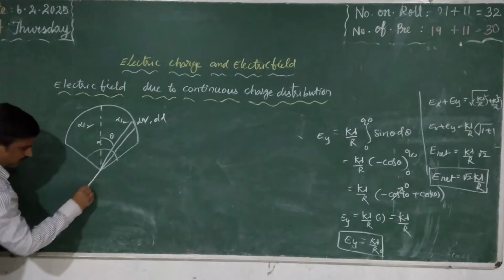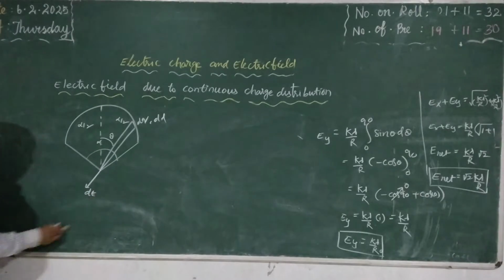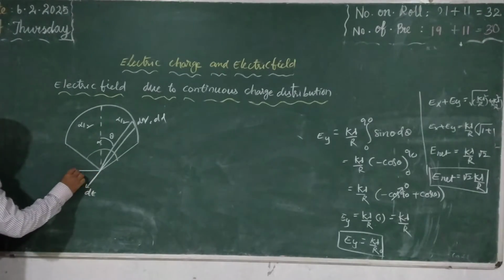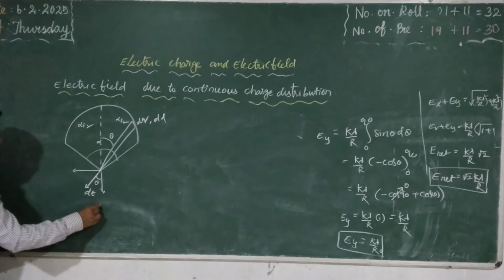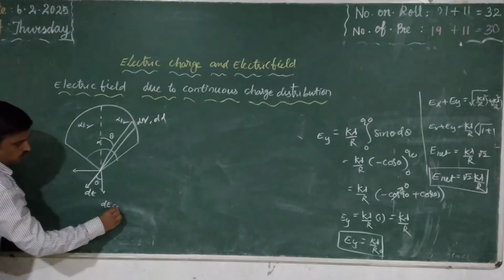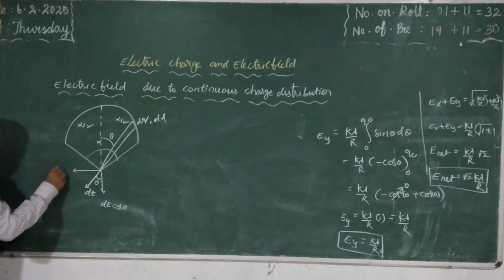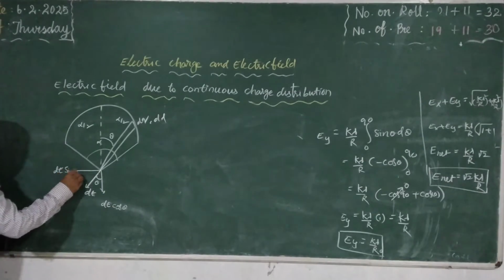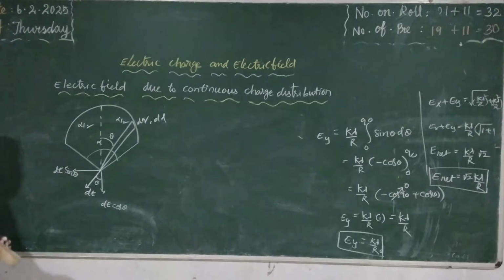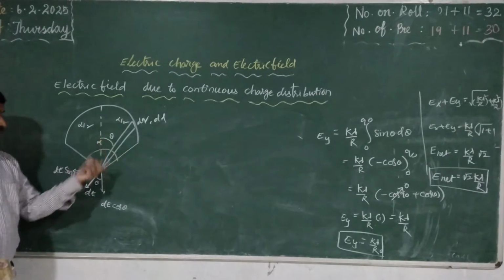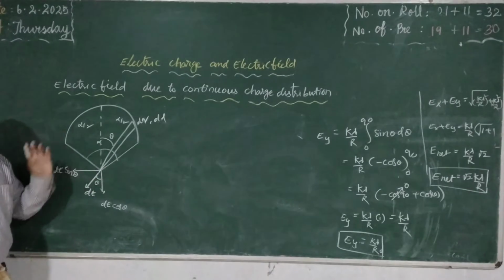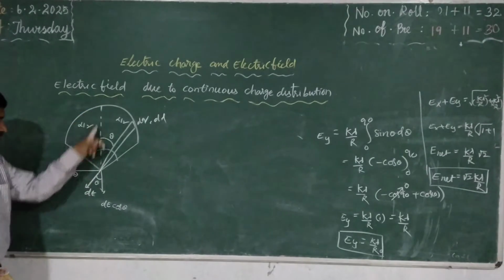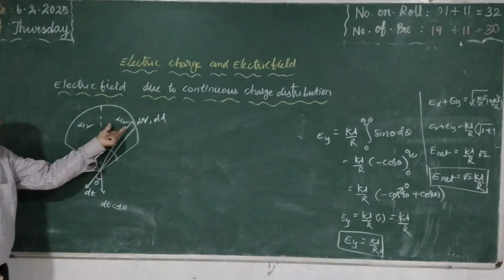Now what is the electric field here? dE has two components. Here theta, here theta, and this is also theta. Here it is dE cos theta, and it is dE sin theta. Understood at this point? Actually, for the semicircular case, the total angle at point P is alpha, with a line in the middle, alpha by 2 on each side.